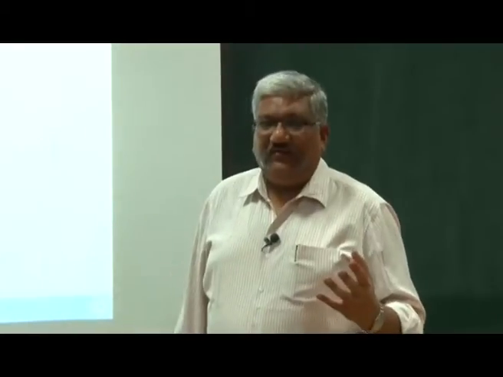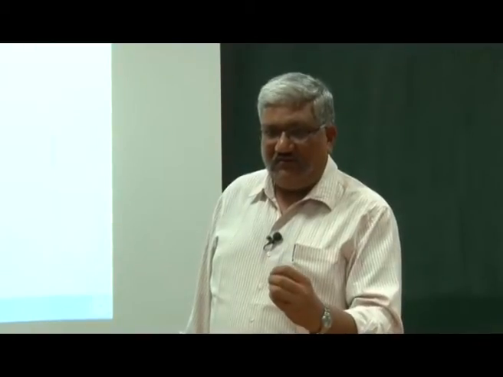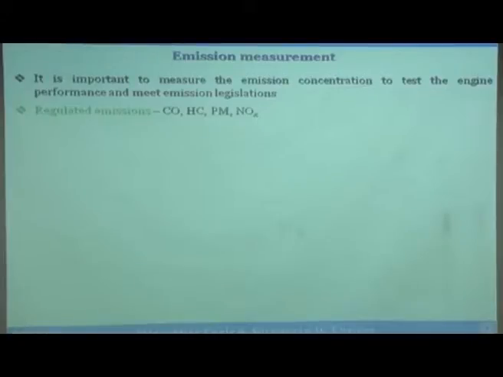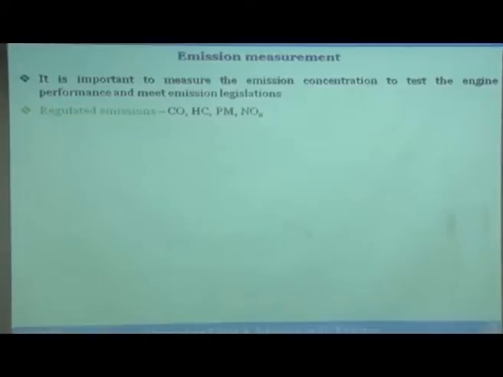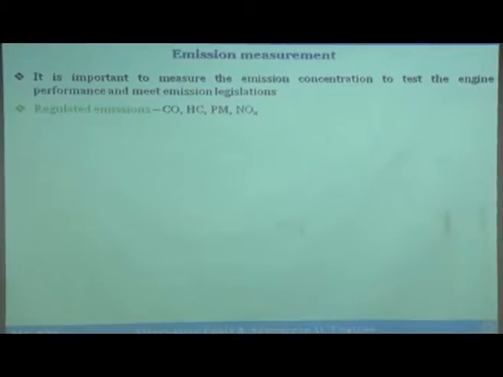The reason is that as on today, you want all the fuel that you are putting in to get converted into CO2. You do not want CO, you do not want HC, you do not want PM. Everything should be converted into CO2. CO2 is the least harmful species, and right now there are no regulations, but it does not mean CO2 is not also a GHG, greenhouse gas, right.